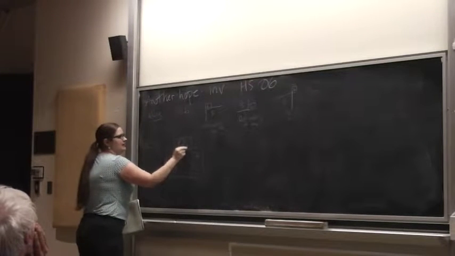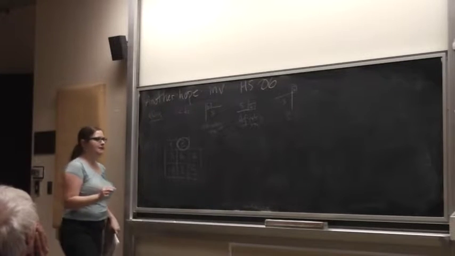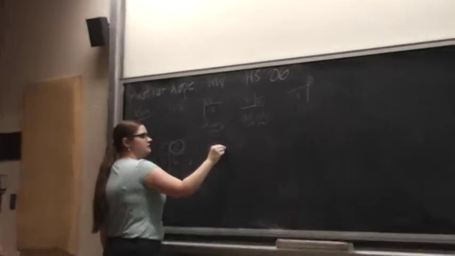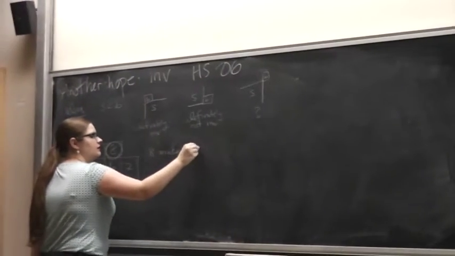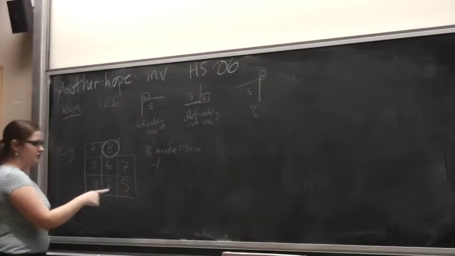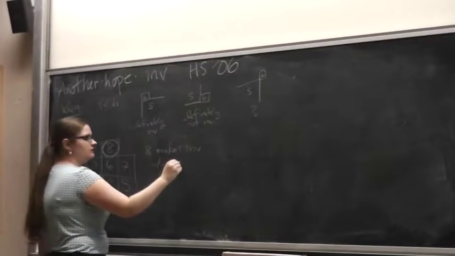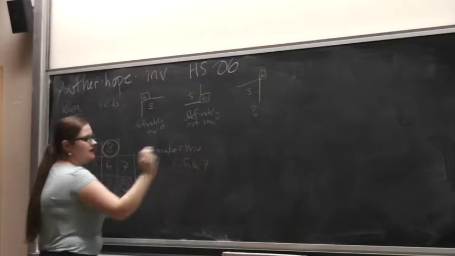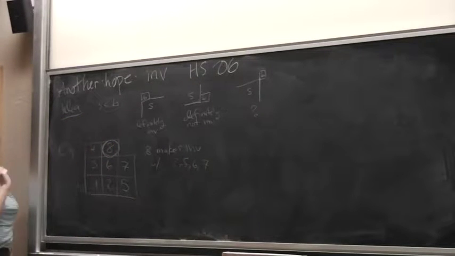Let's look at this 8 here. You should definitely make an inversion with the 2, 5, 6, and 7. You should definitely not make an inversion with the 4, but for these two we don't know.